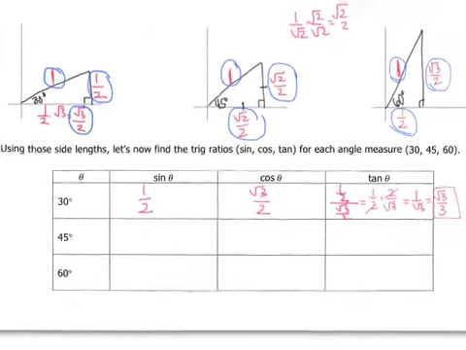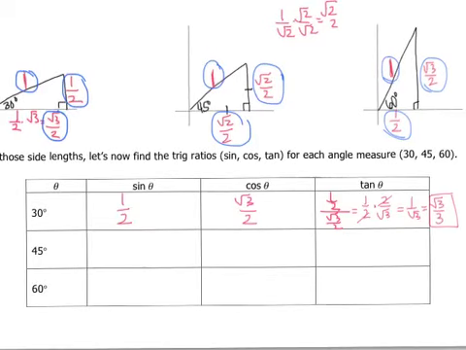All right, let's go ahead and do that same thing for 45 degrees. Sine of 45 degrees, ladies and gentlemen, is going to be what? Radical 2 over 2 over 1, which is just radical 2 over 2. What about cosine? Radical 2 over 2.